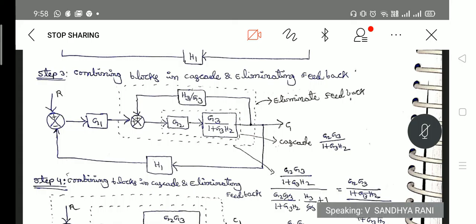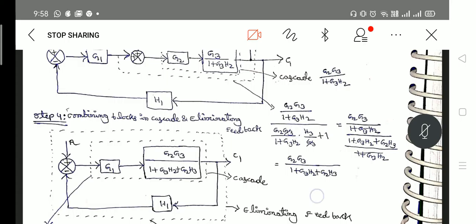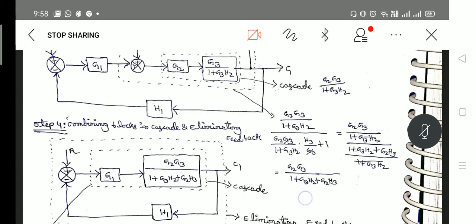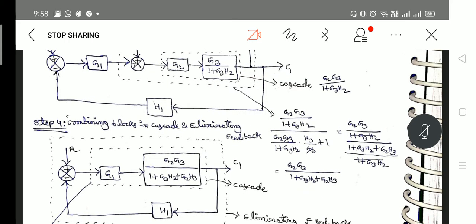So what will we get? G2 G3 by 1 plus G3 H2, over 1 minus G2 G3 by 1 plus G3 H2 times H3 by G3. Sorry, here 1 minus.